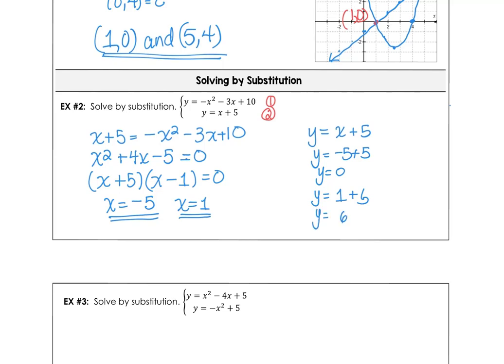So we have 2 ordered pairs where our line and parabola cross, and those solutions would be at negative 5, 0 for the first ordered pair, and also at positive 1, 6 for our second ordered pair. So those 2 functions intersect at those locations.